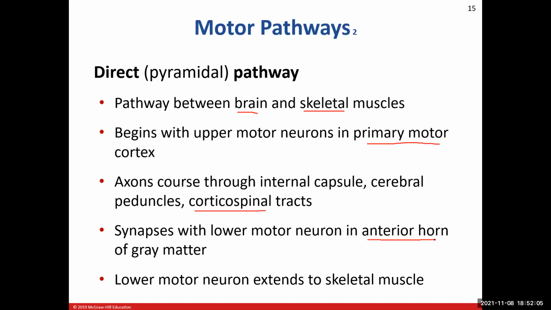And then that lower motor neuron, whose cell body is in the anterior gray horn, will exit out of the spinal cord through the anterior roots into the spinal nerve and out to your skeletal muscle.